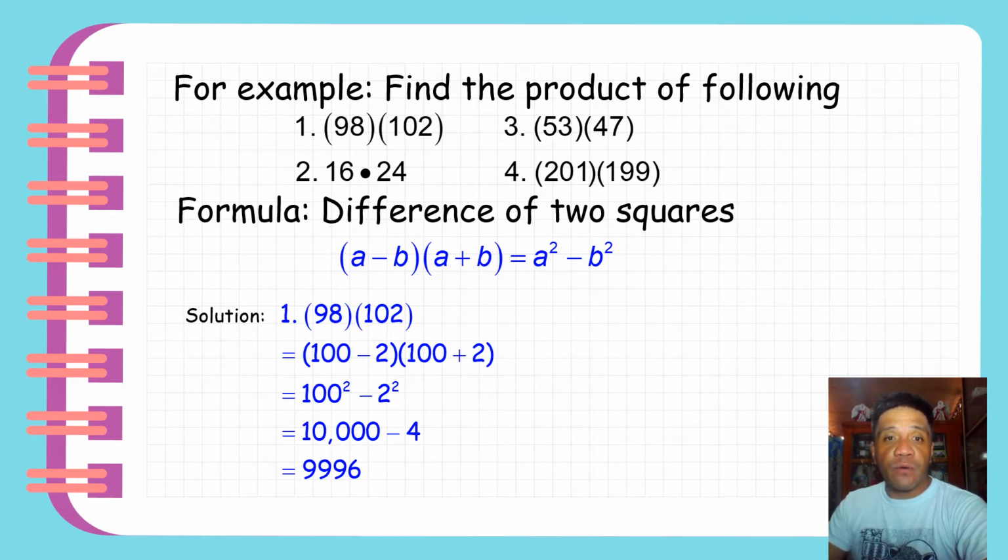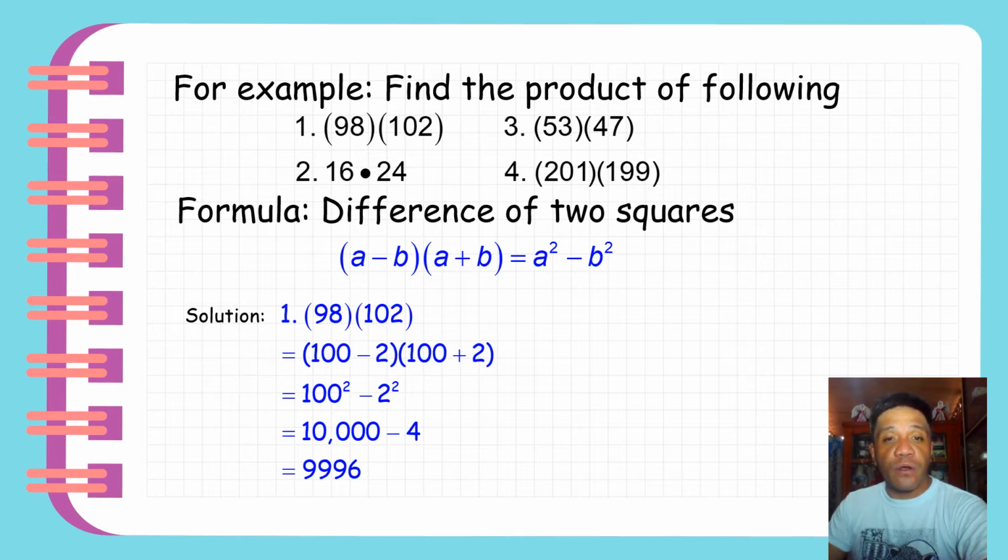If we get the halfway of 200, we have 100. So the 100 would be the basis in getting the terms of the two factors. Take note that 98 is 100 minus 2, and 102 is 100 plus 2.